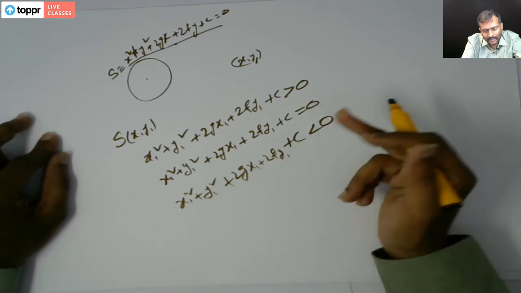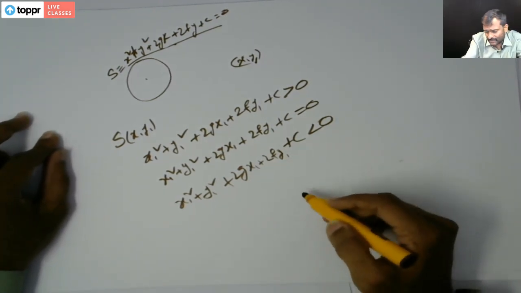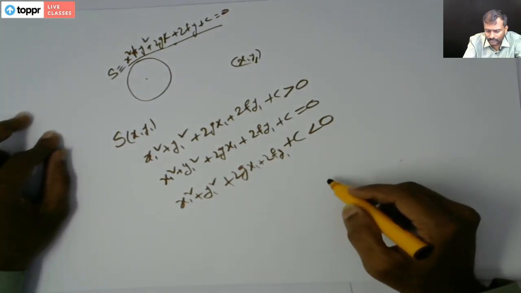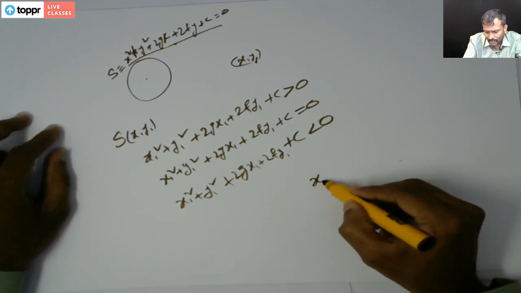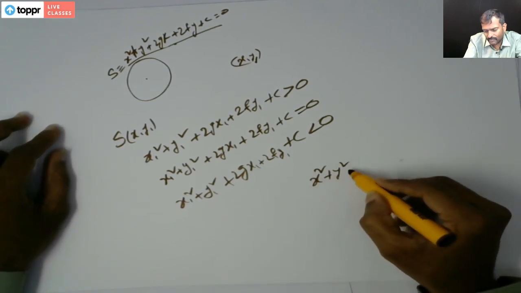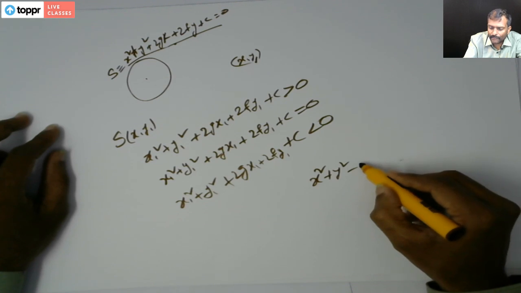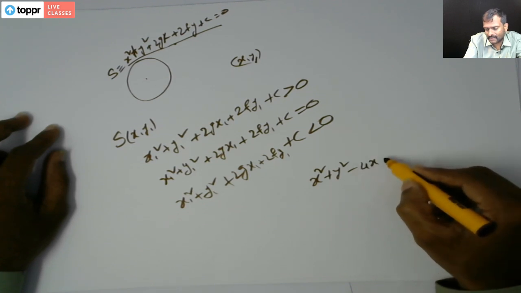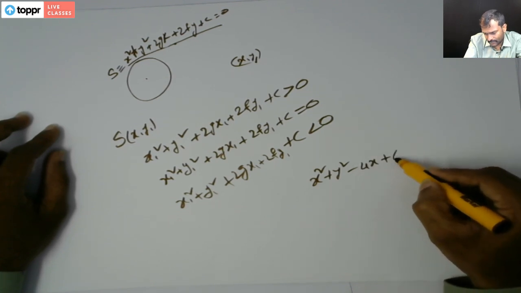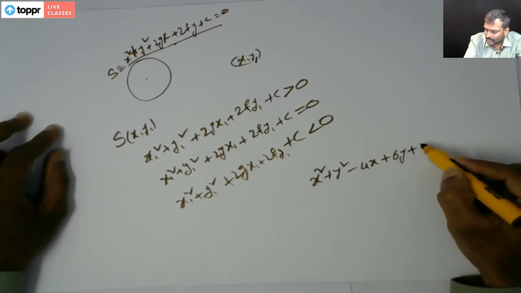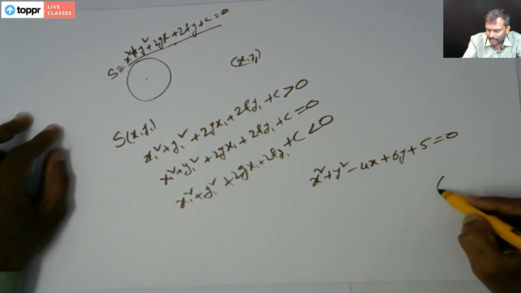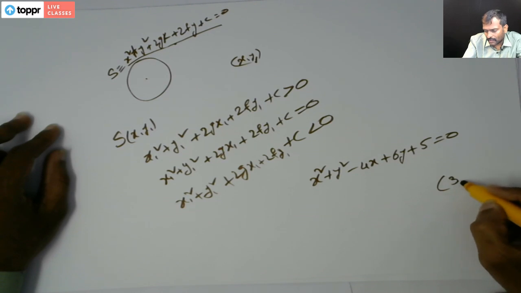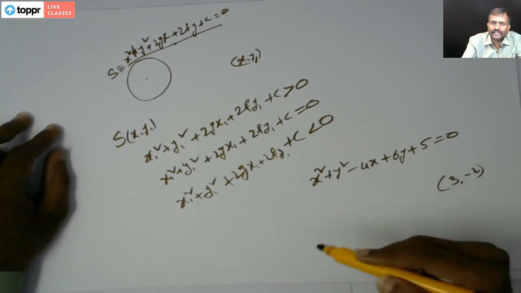For example, let us take one small equation, x square plus y square minus 4x plus 6y plus 5 equals 0, and I want to check whether the point (3, -2) is inside the circle or outside the circle.